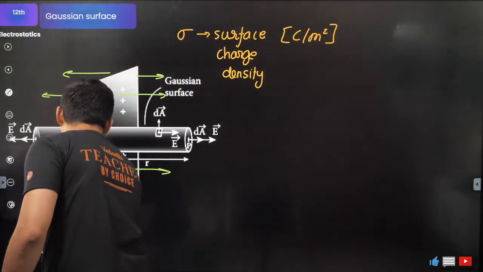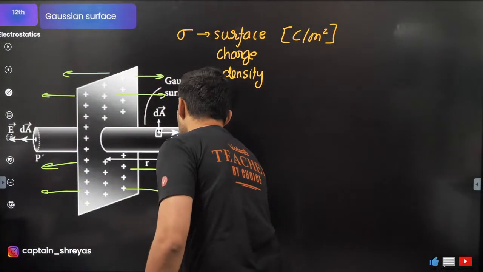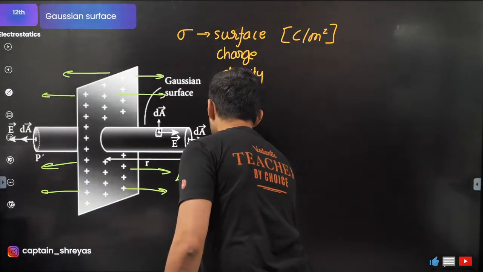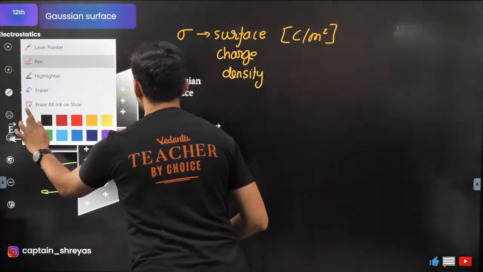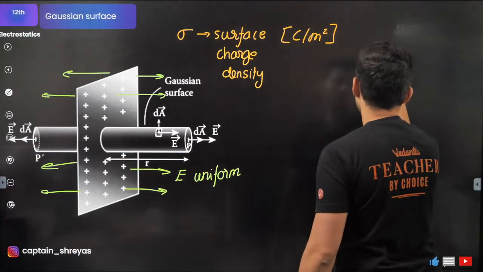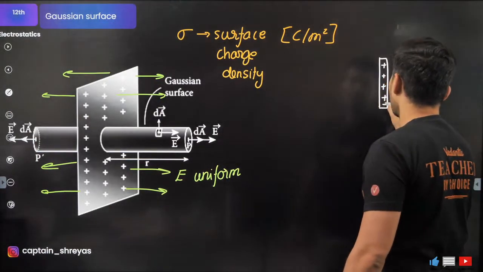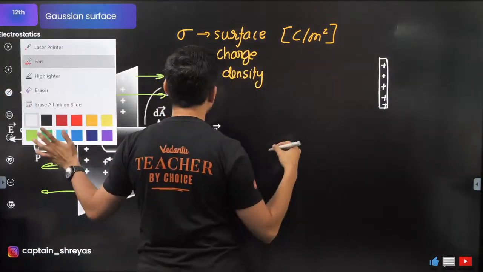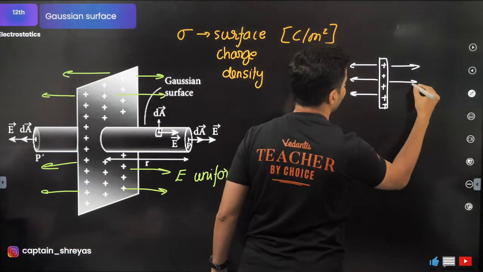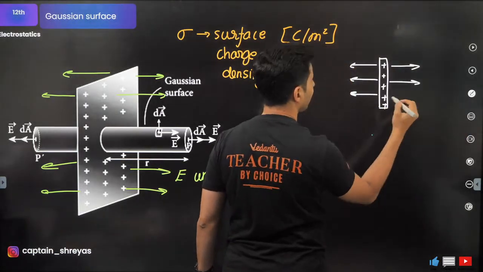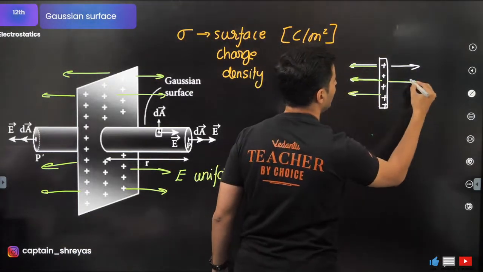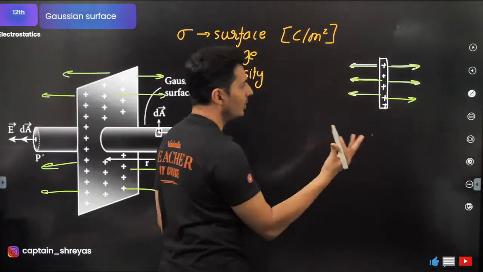And the best part about this electric field is that it is uniform in nature. If you have a sheet like this which is charged, you will notice very quickly that the electric field because of that is just going to be parallel lines. So it is just going to be uniform.